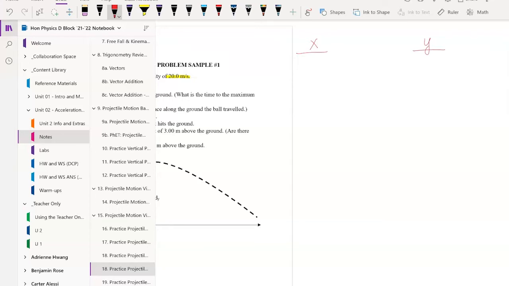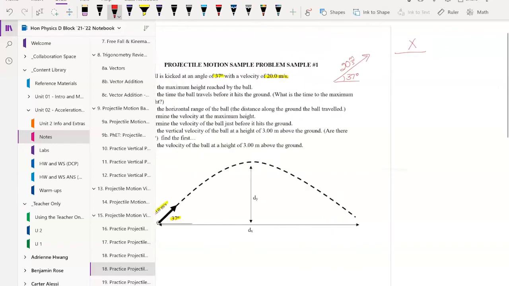So the velocity in the x, let's draw the triangle. 37 degrees.